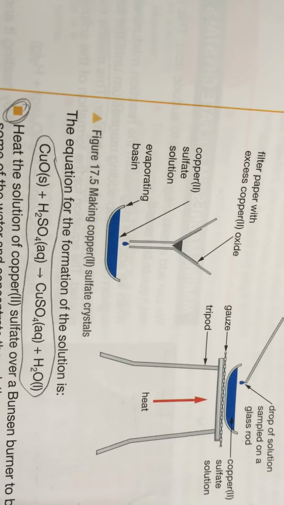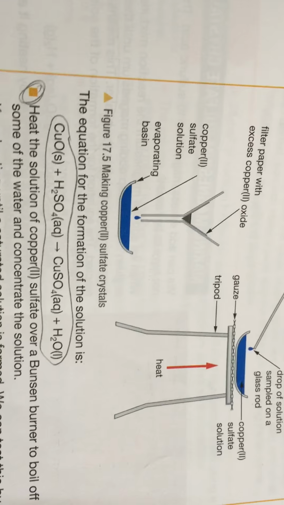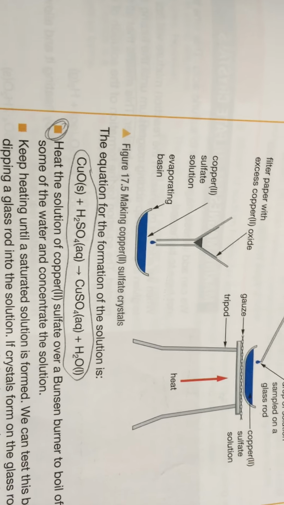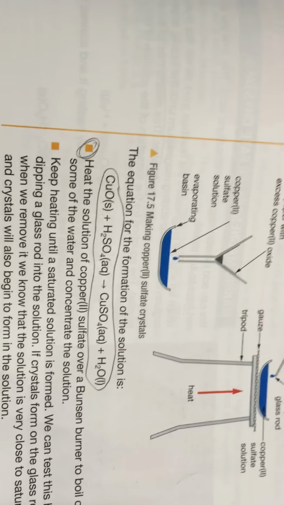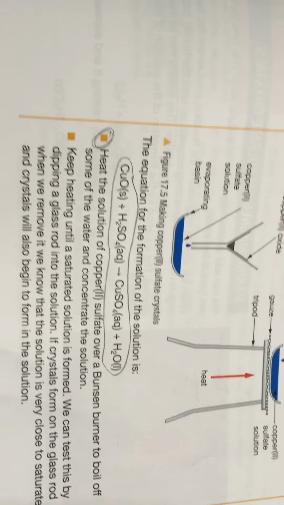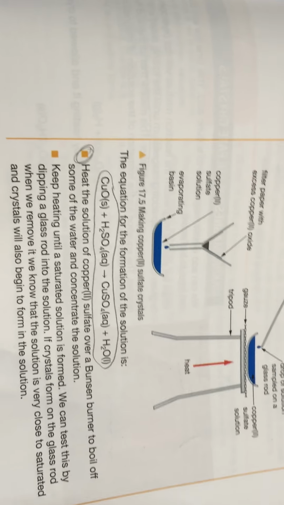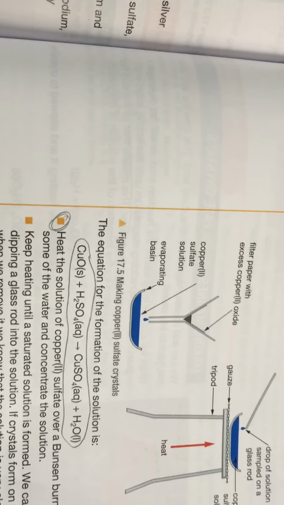Okay, why gently? Because I don't want to change it into powder, but I want to make it as crystals. What does it mean by crystal? It contains water of crystallization. What does it mean by water of crystallization? The number of water molecules chemically combined with the salt.